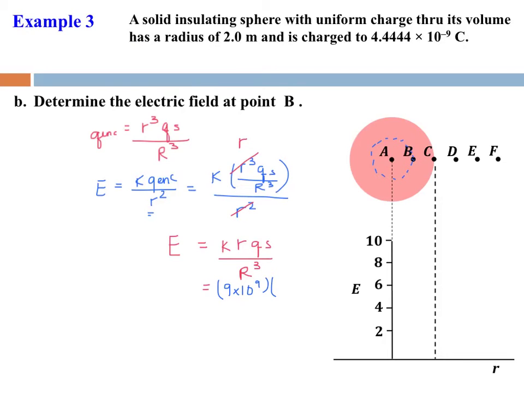Little r, remember, is the radius of our surface, our Gaussian surface, so in this case is 1 meter. Qs is the charge of the sphere. And then capital R is the actual radius of this sphere. In this case, it'll be from here to here, which is 2 meters.